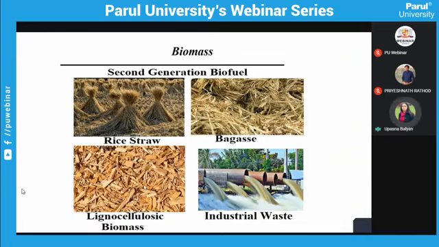Hemicelluloses combined with the lignin form the lignocellulosic biomass, which is just the wastage of the pulp and paper industries. So for research purposes, we take this lignocellulosic biomass, which is a wastage material of pulp and paper industries.